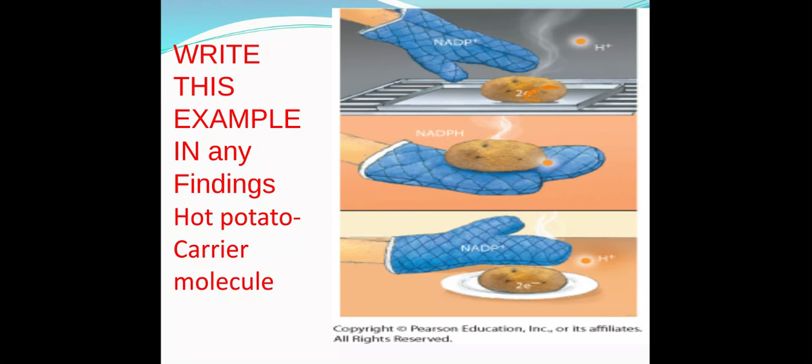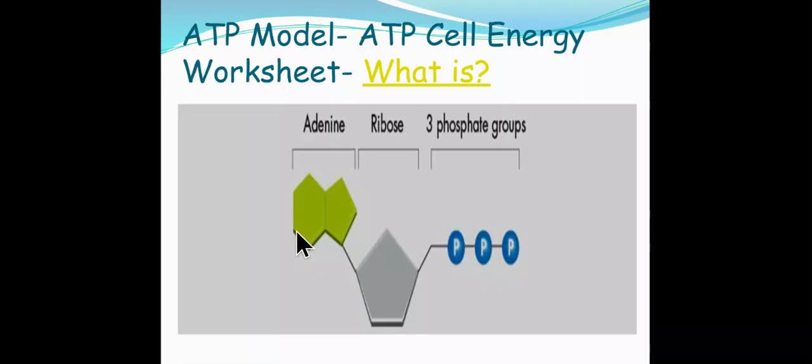Your book gives the example of this oven mitt, and you reach into the oven with your oven mitt. It's going to help you transfer that hot potato from the oven to the plate. That's what NADH does, NADP plus does. We add the H to it, we add the little electron, and it's going to grab onto it and transfer it to where it needs to go.